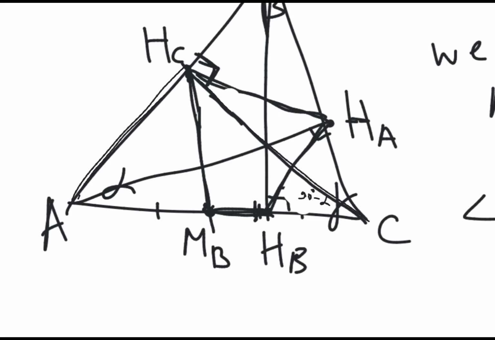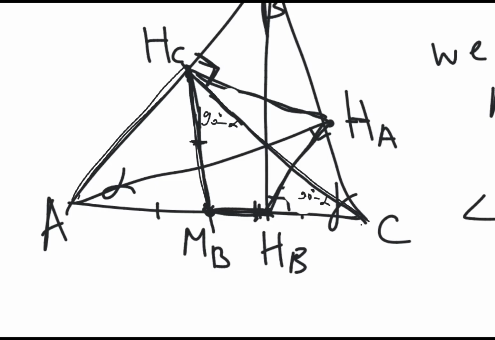And then we have the median in this triangle. It's a well-known property that the median in a right triangle from the right angle is equal to half of the hypotenuse. So it's equal to both of these halves, and then HCMBC is an isosceles triangle, and this angle is also equal to 90 minus alpha. In the isosceles triangle, two angles must be equal.